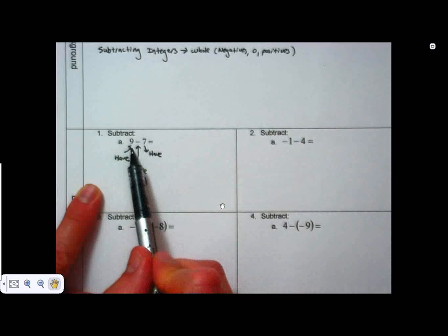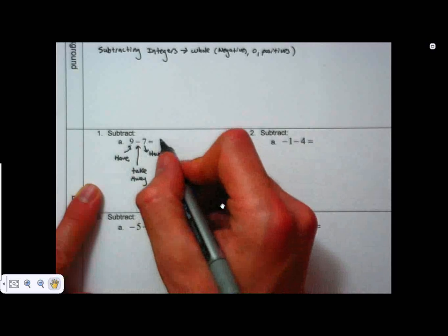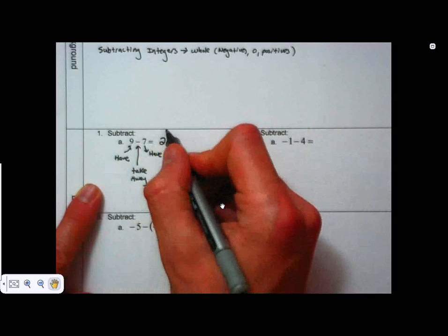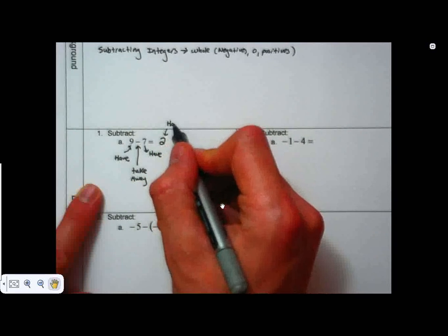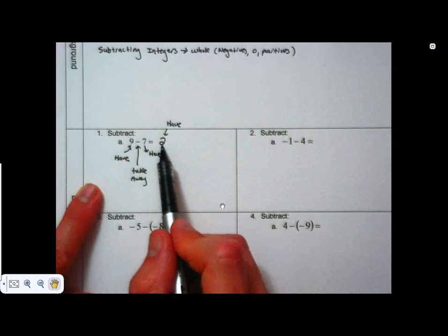If I begin with 9, and somebody takes away $7 of what I have, I'm going to end up with $2. So again, just like in adding integers, my answer represents the balance when the dust settles.